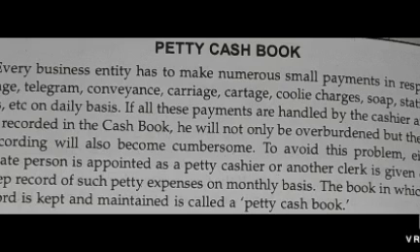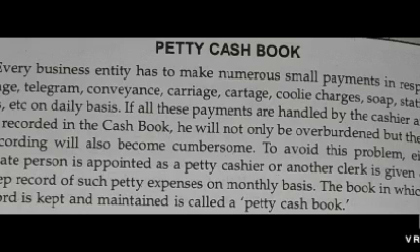Usually the petty cash book is maintained on the imprest system. Now let us understand what this imprest system is. Under this system, the petty cashier is given a fixed amount, based on past experiences. Let us take an example, like a petty cashier is given rupees 1600 at the beginning of a certain period, say every month.